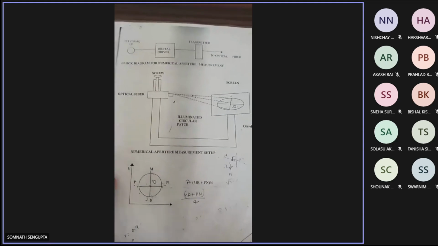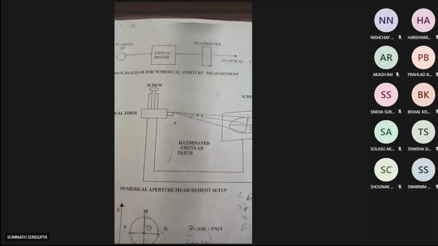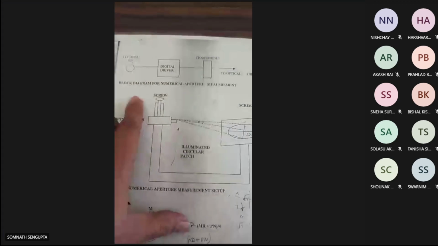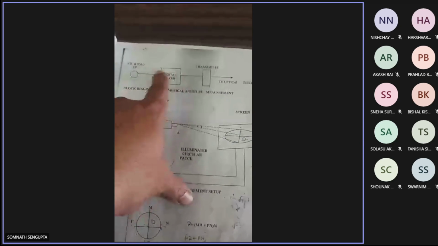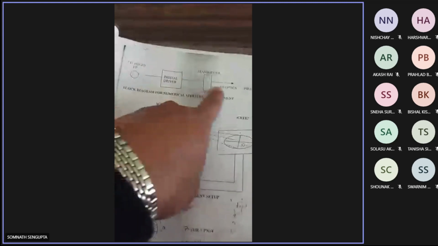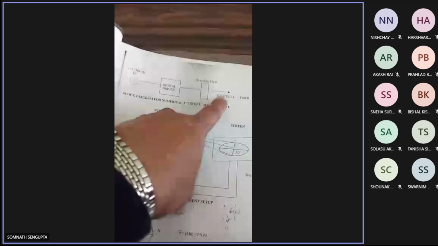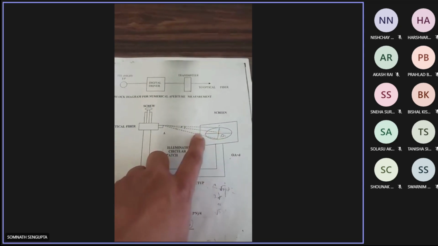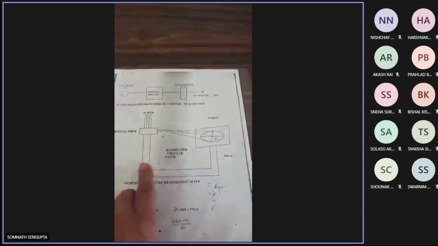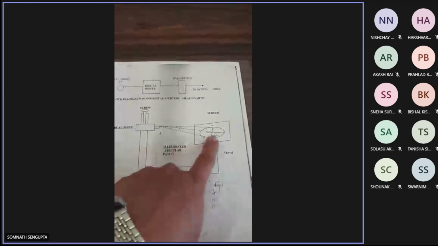this diagram. What does this diagram tell? A TTL input square wave will be applied to a digital driver circuit and it will go to the optical fibers. Okay, and from the optical fibers some light will be coming.